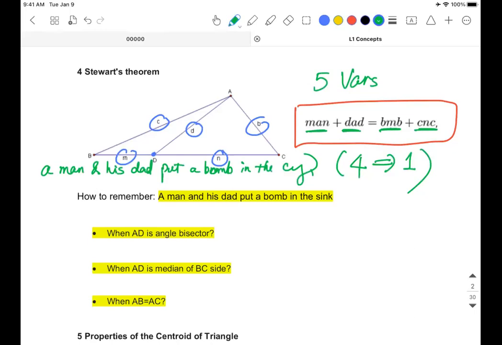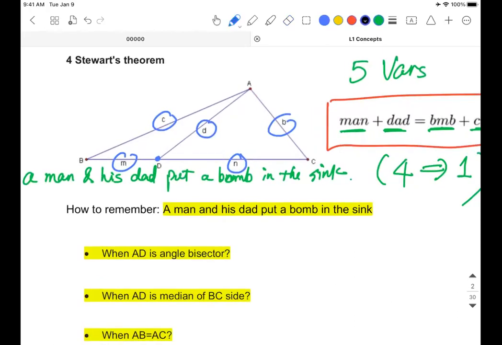This is something very important. It's going to help you recall an intrinsic relationship for any kind of triangle you will see. Where does A come from? A is here. This is A. M plus N equals A.